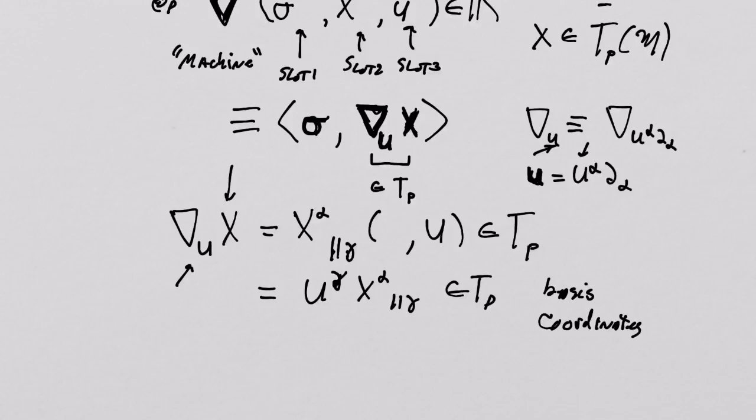So what I've done here is I've made a connection between this abstract notion that Wheeler's looking for, some kind of vector composed of these three objects, and I've given it a concrete realization in the basis coordinate system. And then I define that abstract thing using this concrete thing. And that's not the way it's supposed to go, right?